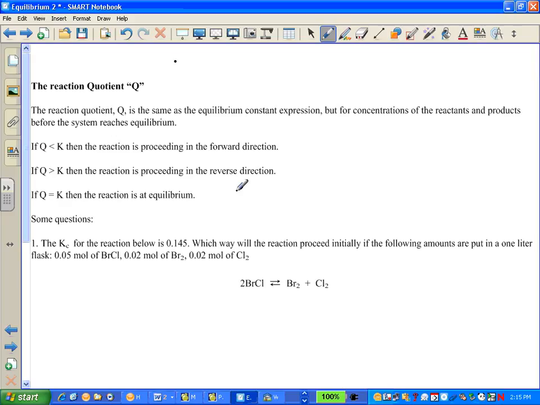If you think back to the first activity that you did with the nitrogen dioxide and the N2O4, you had one person who was the forward reaction, you had one person who was the reverse reaction, and then you had somebody else who was the checker. That person asked you to stop, and they did a count, and they verified whether or not you were at equilibrium.